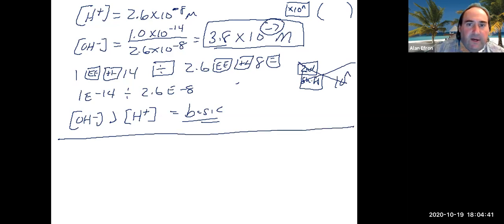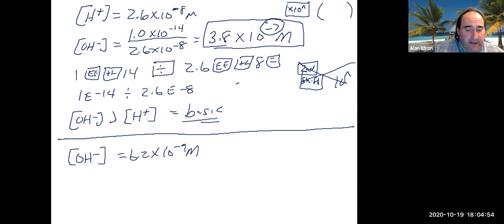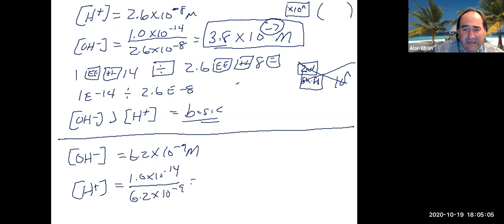All right, let's try this next one here. They gave us the OH- concentration equals 6.2 times 10 to the minus 9. Same deal. It really is the same calculation. So in this case, the H+ concentration is going to equal 1 times 10 to the minus 14 divided by 6.2 times 10 to the minus 9.